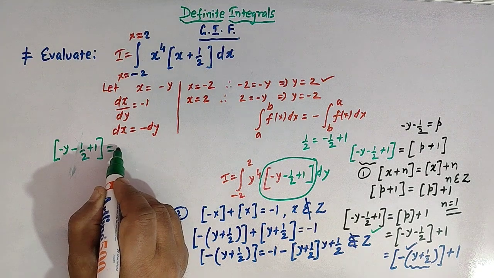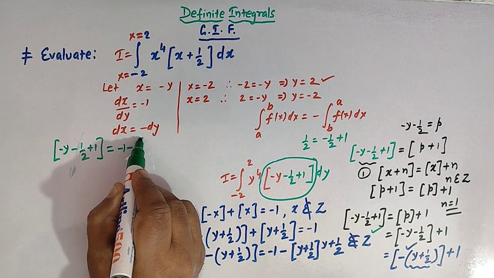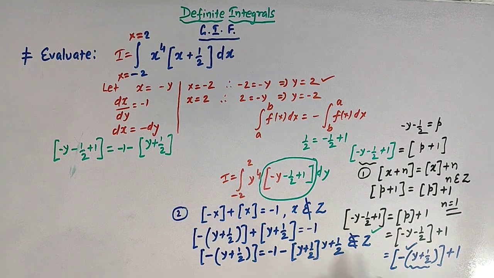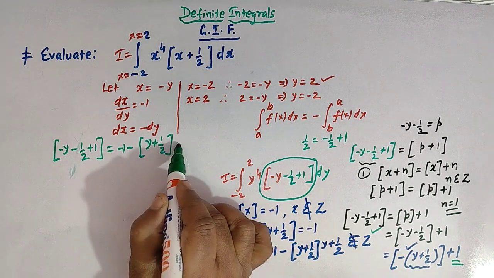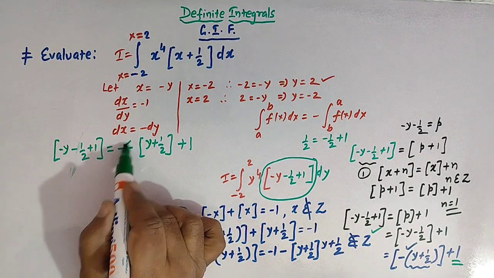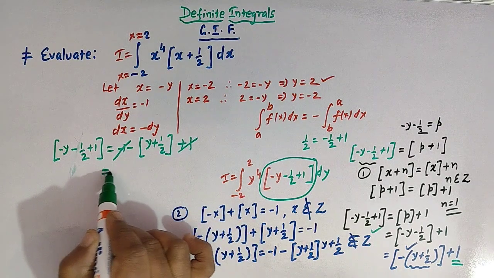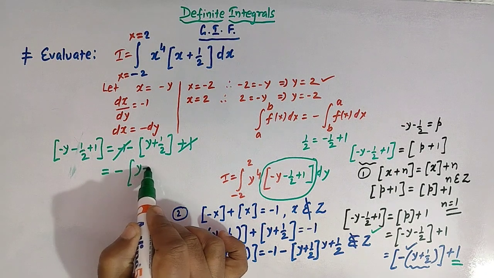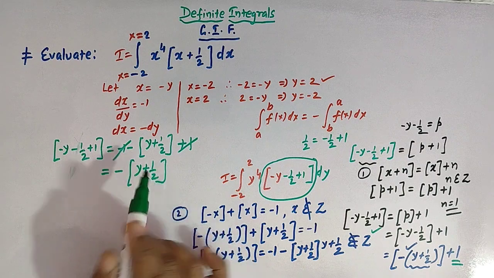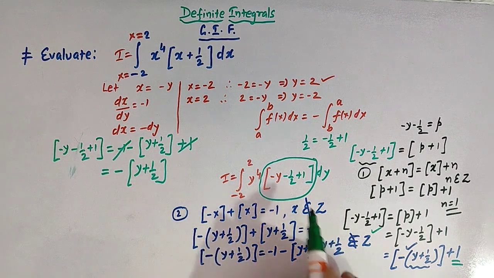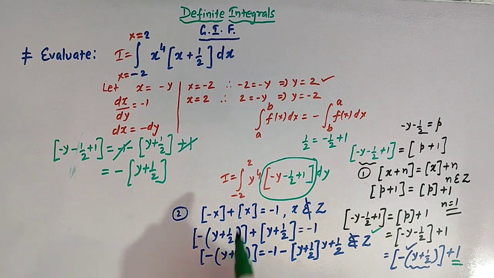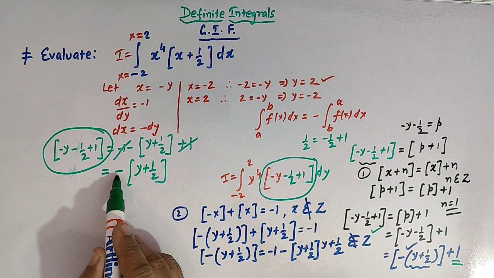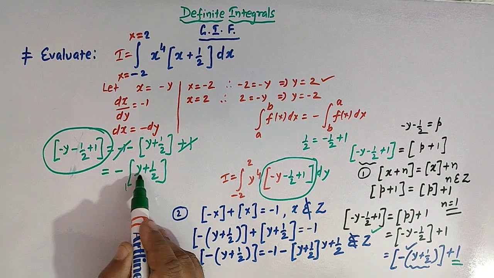So here we'll write minus 1 minus the greatest integer of y plus half, and here we have plus 1. And this negative 1 and this plus 1 get cancelled, and we are left with a negative of the greatest integer of y plus half. So this is the most important step in this problem. So now the value of this term is equal to negative of the greatest integer of y plus half.